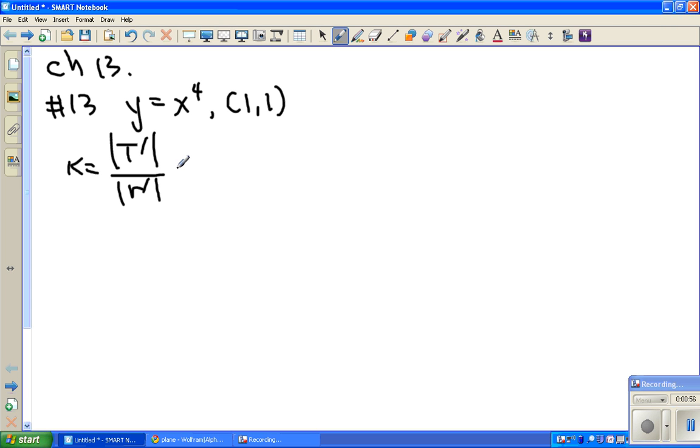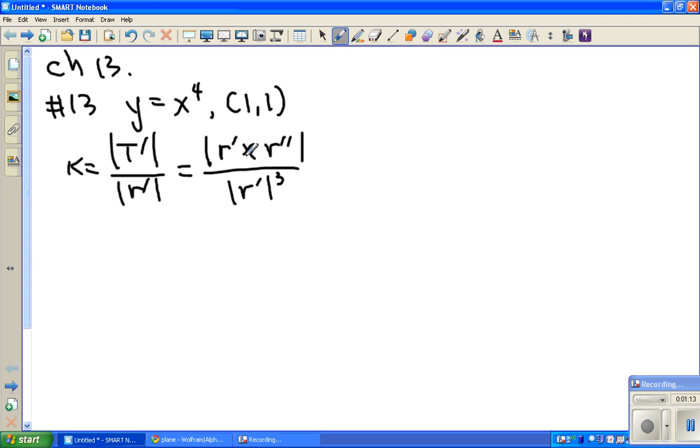But another way we can do this, from the textbook, is that it is equal to the magnitude of r prime cross product with r double prime over the magnitude of r prime to the third power.